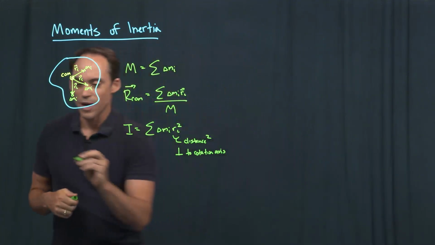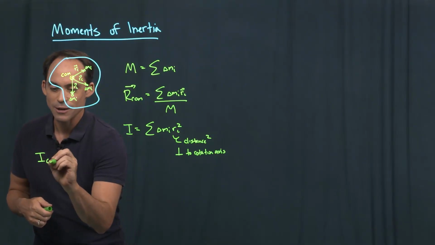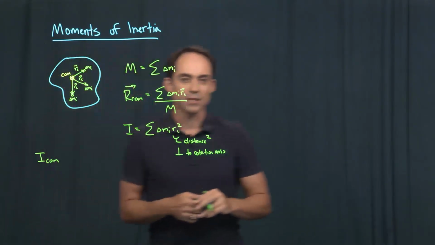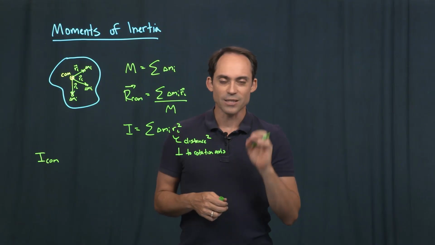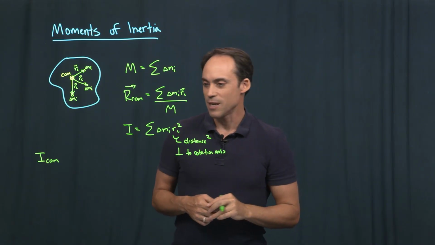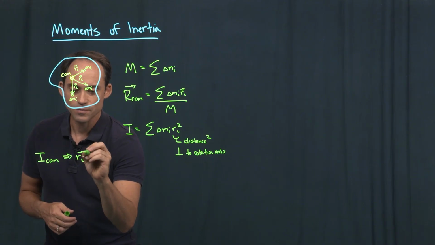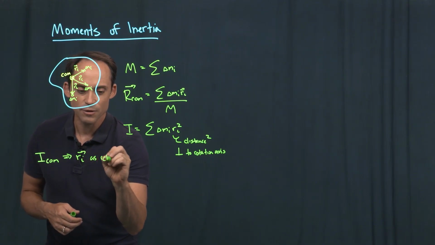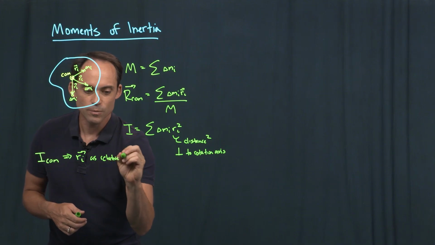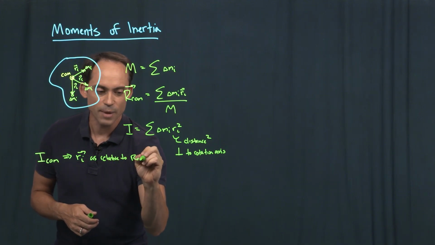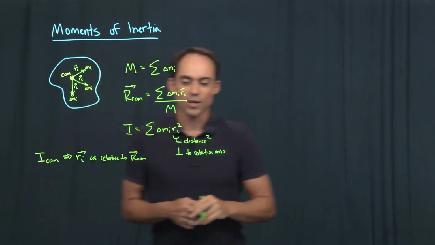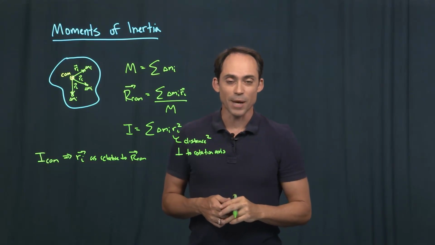But we can also define a rotation about the center of mass, or a moment of inertia about the center of mass, where the rotation axis passes through that center of mass. And that's just setting the r_i as relative to our center of mass coordinate. All right? So that's just choosing our origin to be at the center of mass.